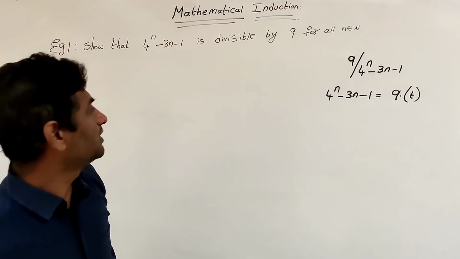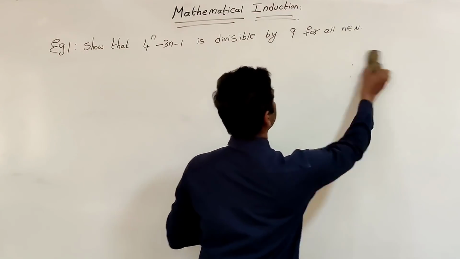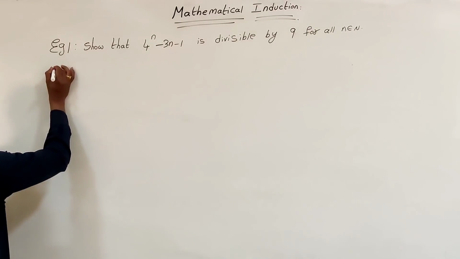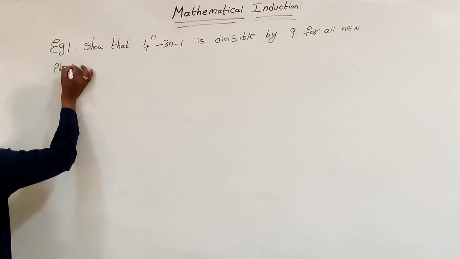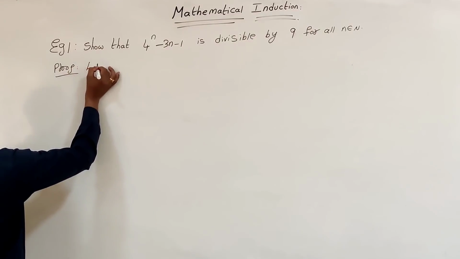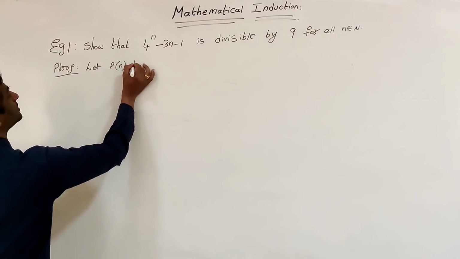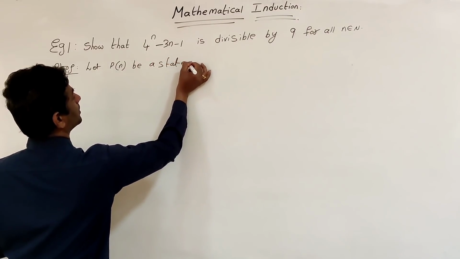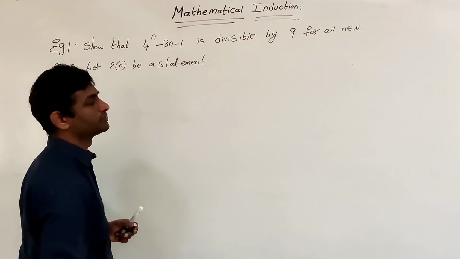So we will see them one by one. What is our statement? Let P of n be the statement.